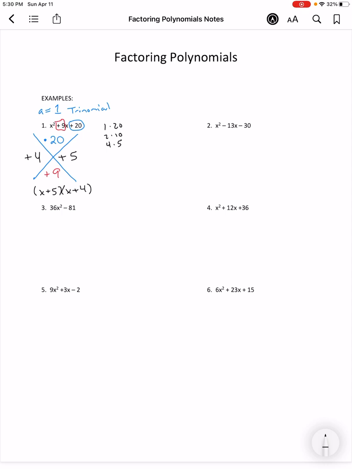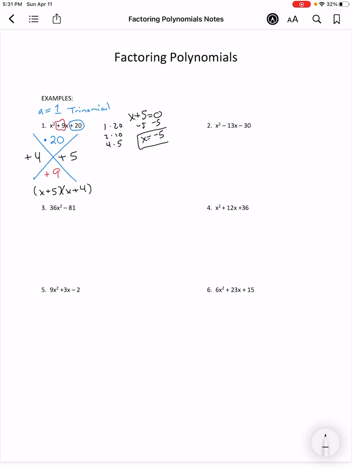And again, this is just in general if we're asked to factor, or later when we're asked to solve a quadratic. Remember, this is one of the ways that we can solve, by factoring. And then we would set each of those factors equal to 0. So we would say x plus 5 equals 0, and I would subtract 5 from both sides, so x equals negative 5.